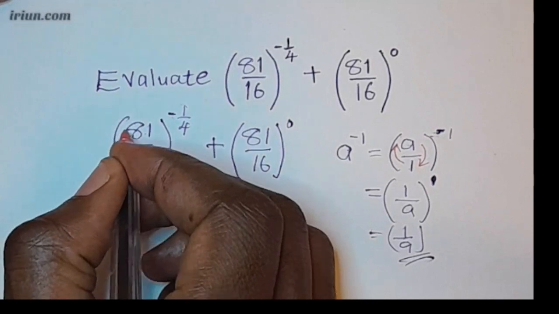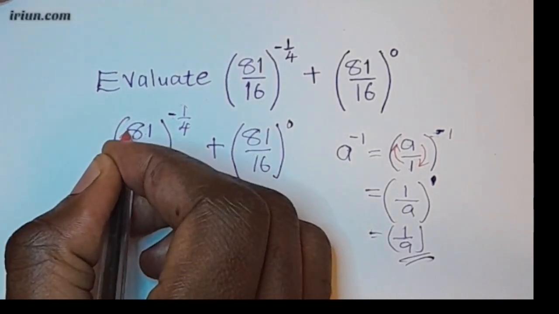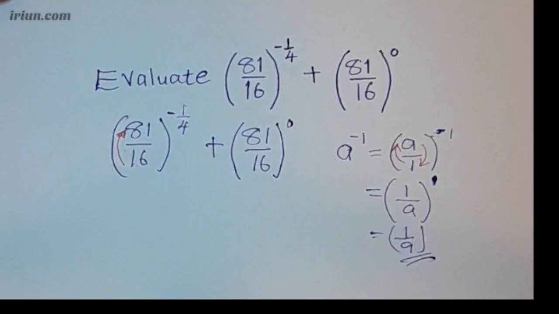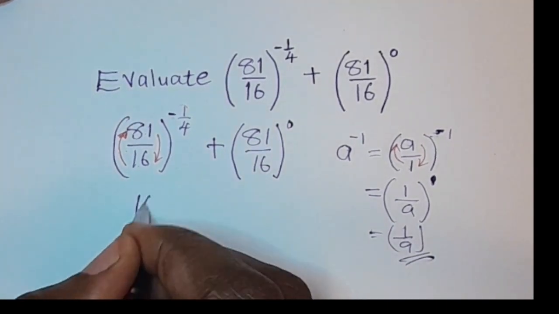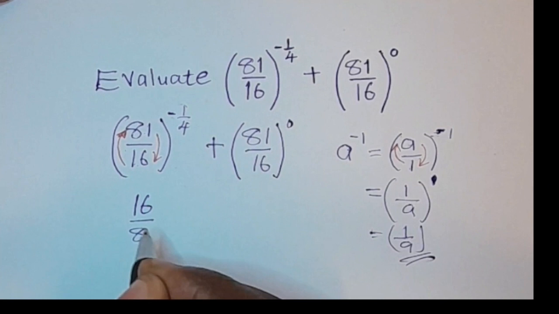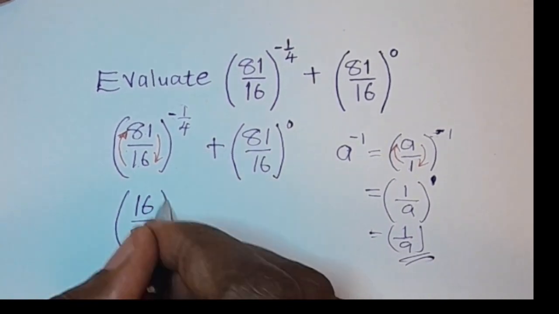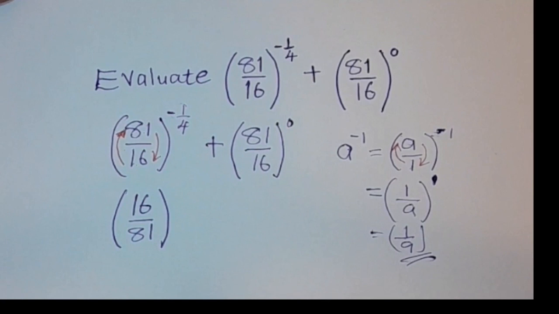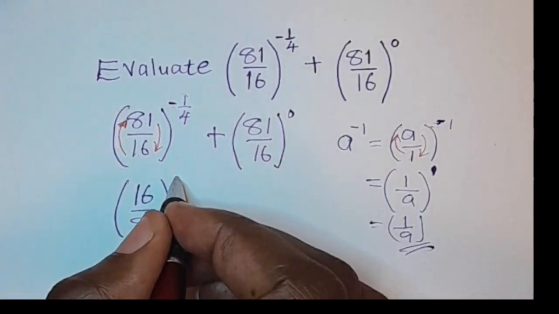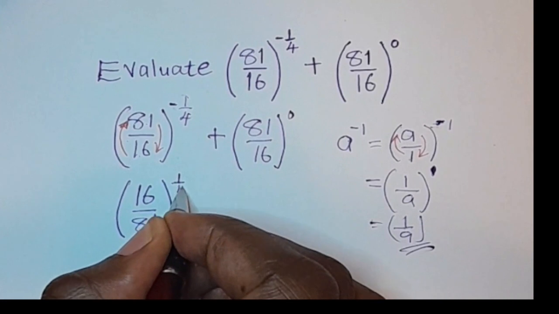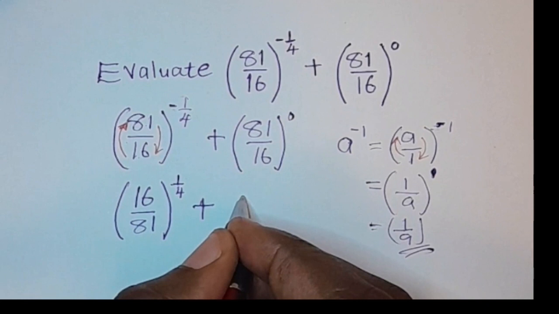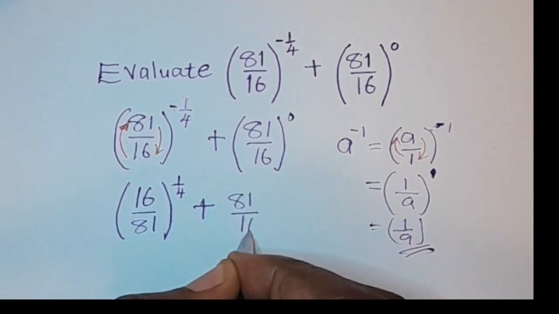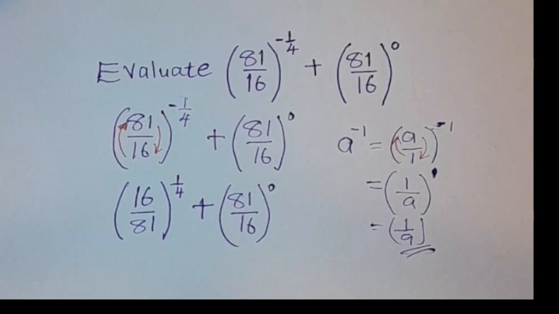We need to switch, just as we did before, and we're going to have 16 over 81, because we want to make the power positive, then all raised to the power positive 1 over 4, plus 81 over 16 all raised to the power 0.